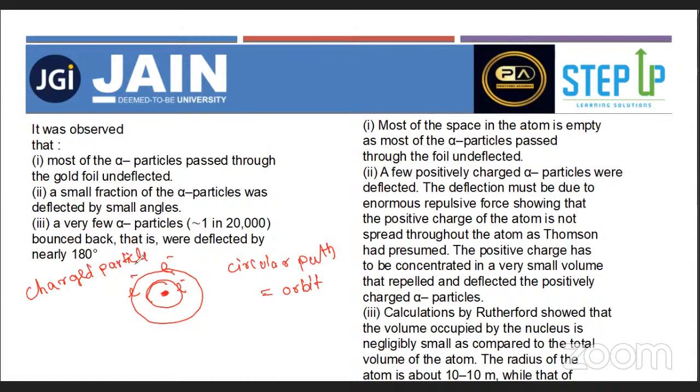Now when the electron is a charged particle, according to Maxwell's law, when you talk about any charged particle, Maxwell's law comes into the picture. Maxwell's law of electrodynamics basically talks about a charge in motion.